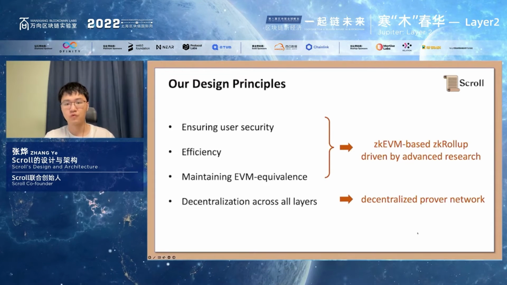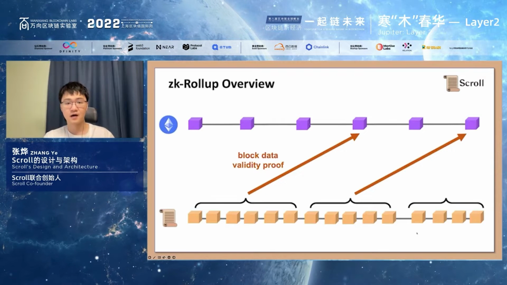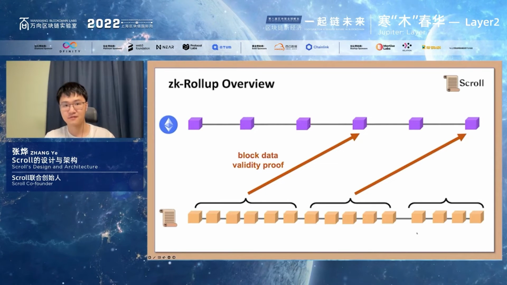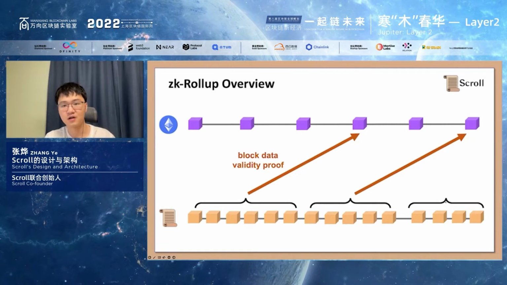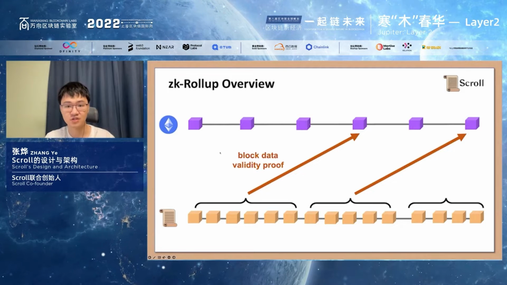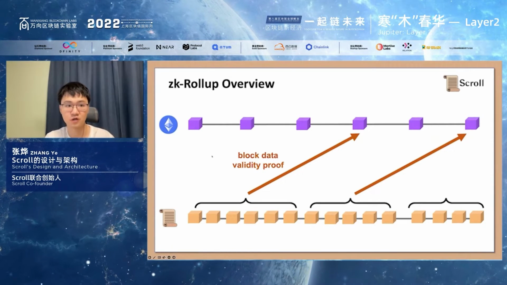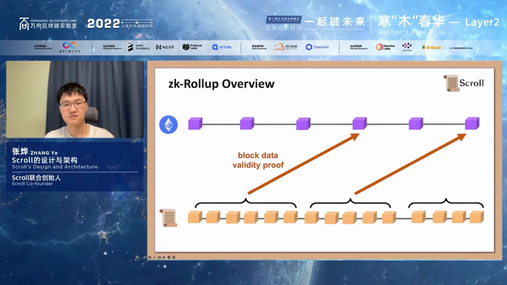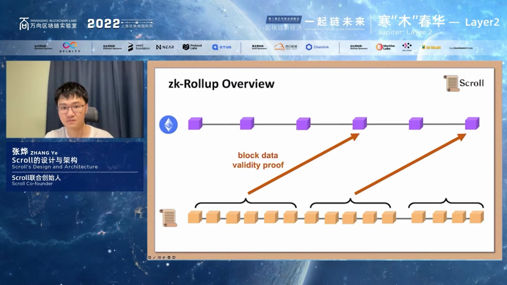Now let's move to our actual architecture design. To give you more context on the whole architecture, let's take a look back at zk rollup. Ethereum can process transactions really slowly, right? It generates blocks very slowly since it's more decentralized and relies on a consensus mechanism.